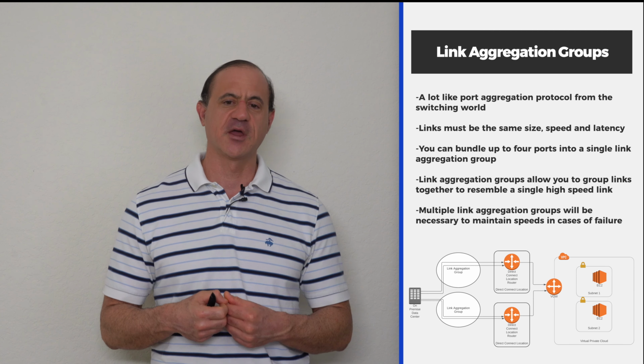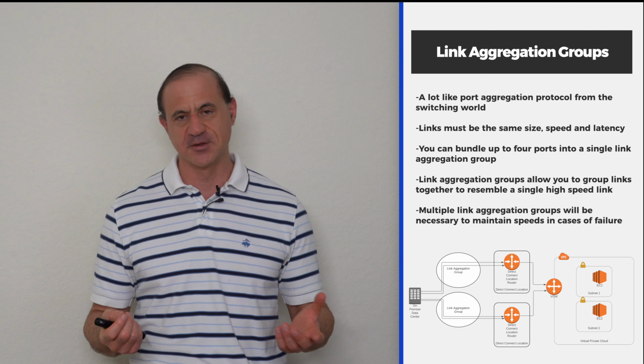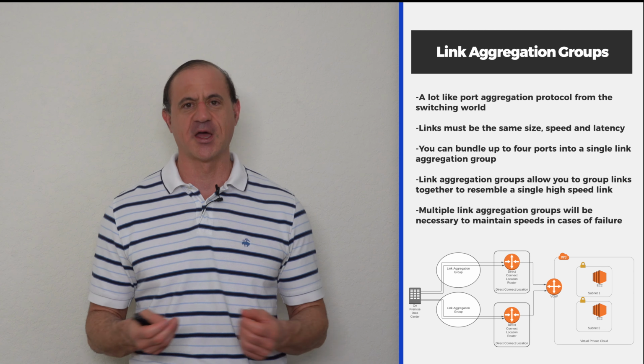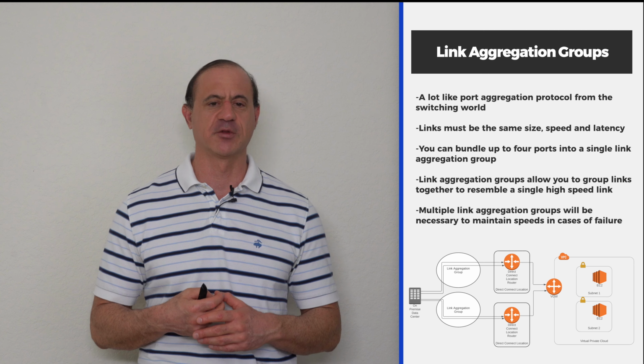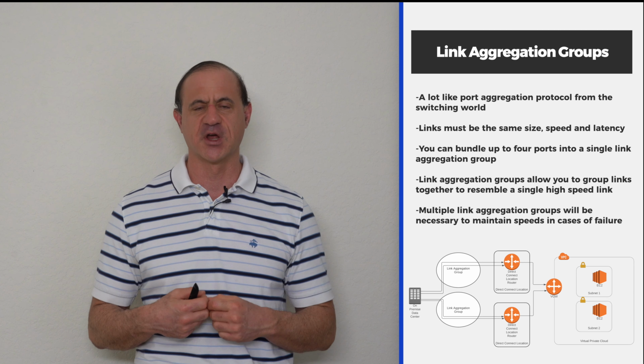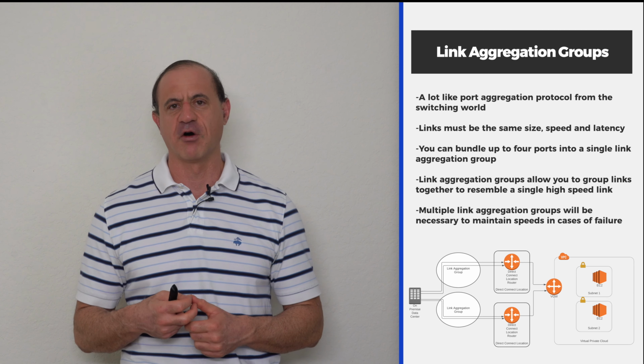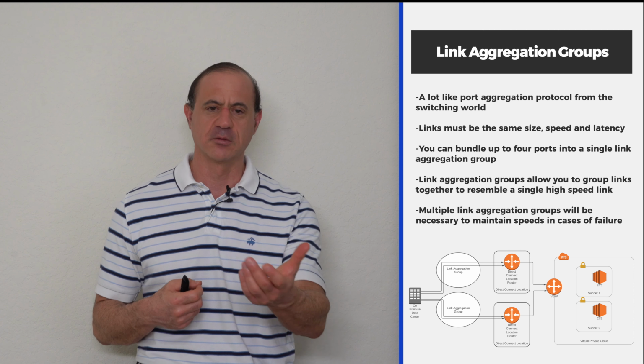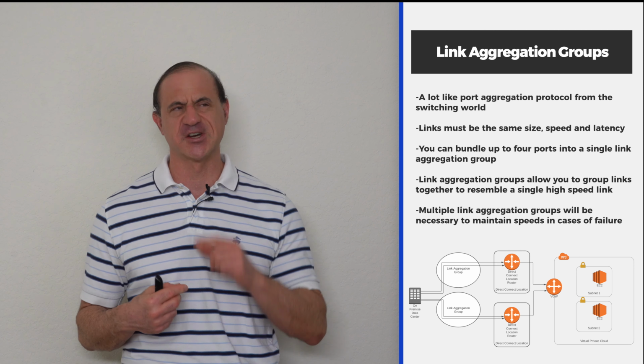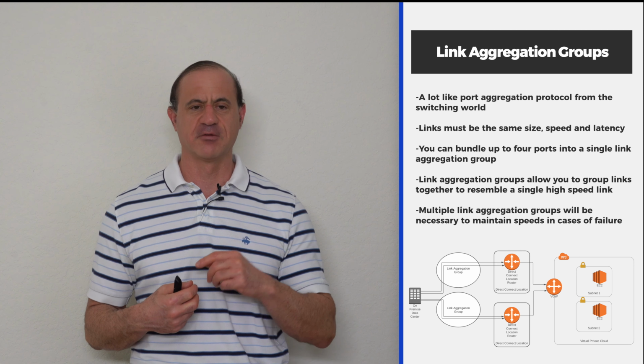And if you want to load share again, you're going to have to do the same thing that we talked about with regards to routing, where you're going to advertise the CIDR range off of both links, and then on one BGP peering session, you'll advertise more specific routes to certain subnets, and on the next BGP peering session, you'll advertise specific routes to other subnets. And that's what you would do to load share.